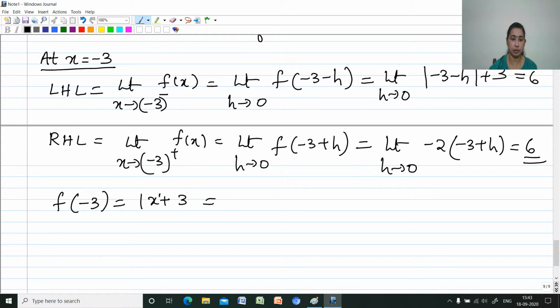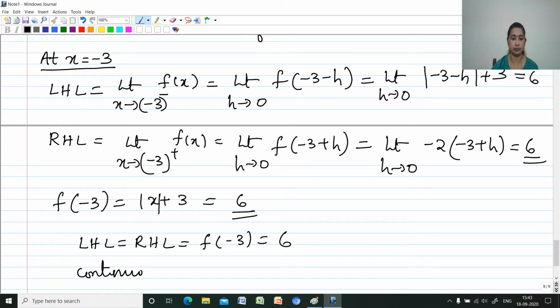So modulus of x is 3, plus 3, that is 6. So what you got here is LHL equal to RHL equal to f of minus 3, and all give the answer 6. Therefore it is continuous at x equal to minus 3.